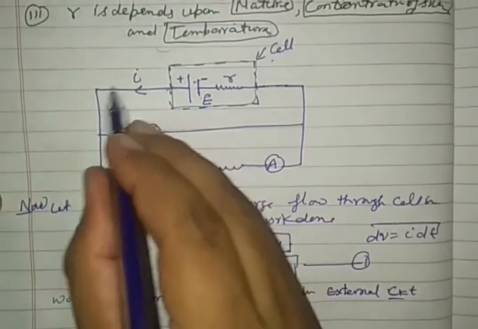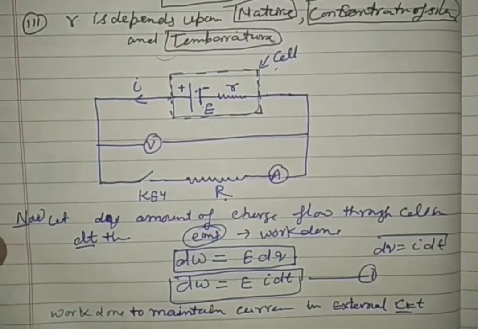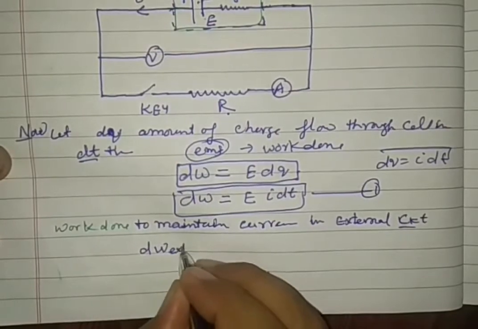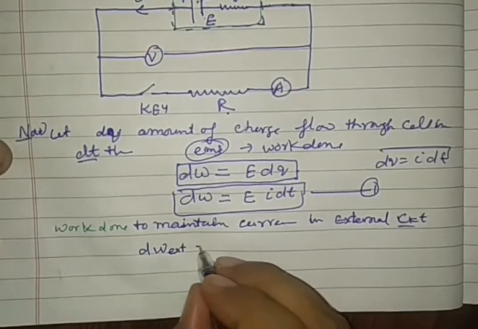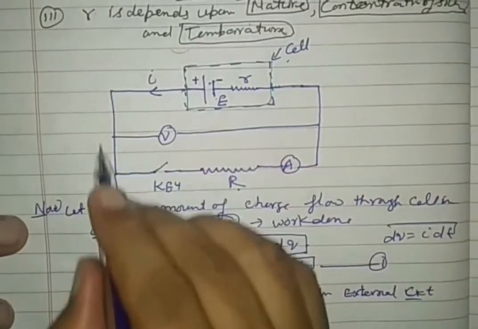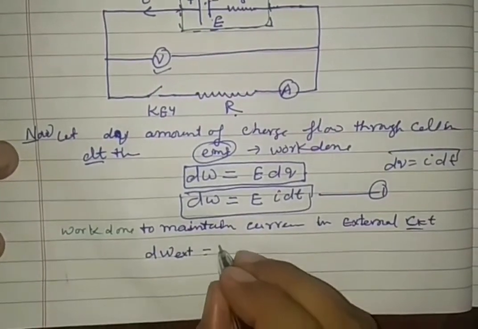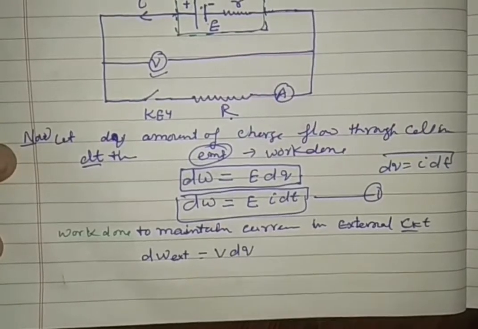External circuit means from here to here, right? It is denoted by dW external, which is equal to, let in the external circuit the potential be V, times dq.